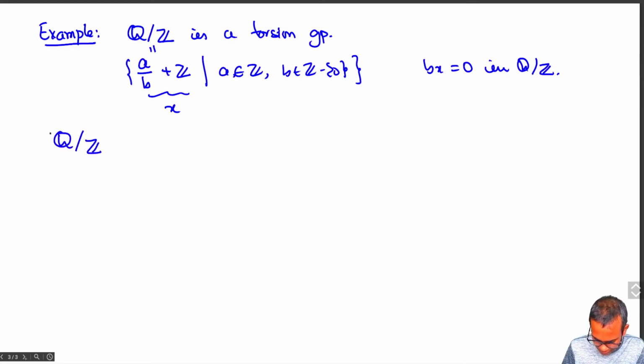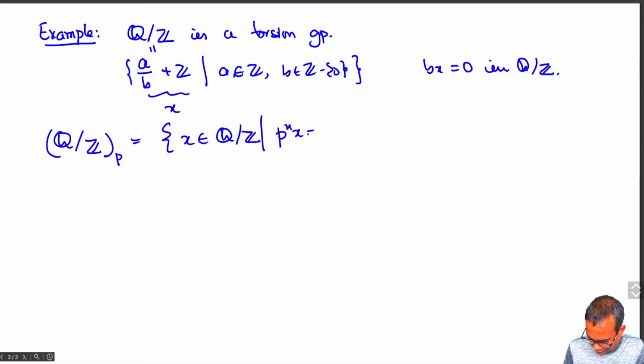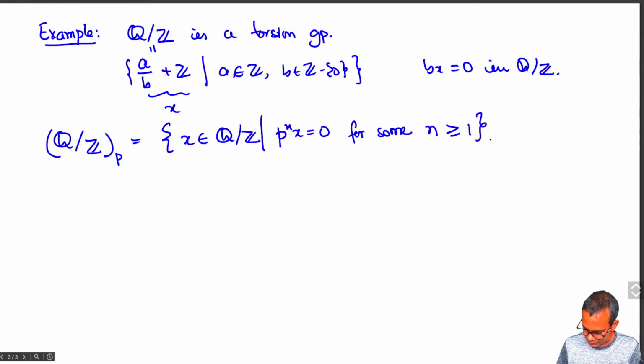Q mod Z p is defined to be x belongs to Q mod Z such that p to the n x equals 0 for some n greater than or equal to 1. Or we could say some n greater than or equal to 0 if you like. Okay, so that is a subgroup, or a submodule, if you want to think of them as Z modules.